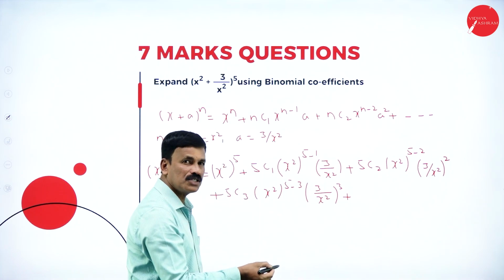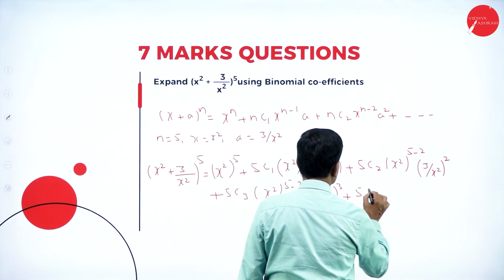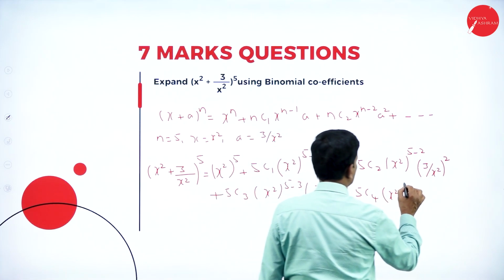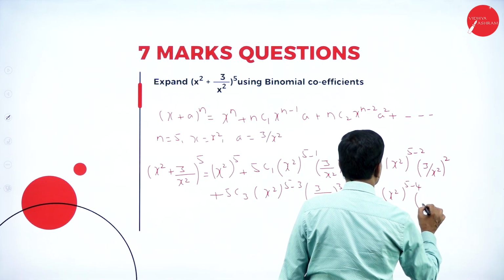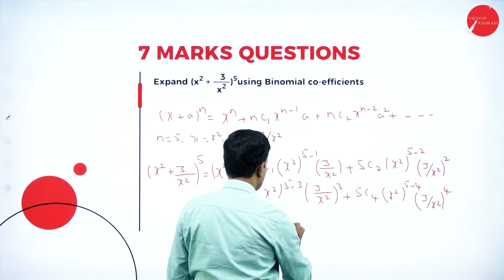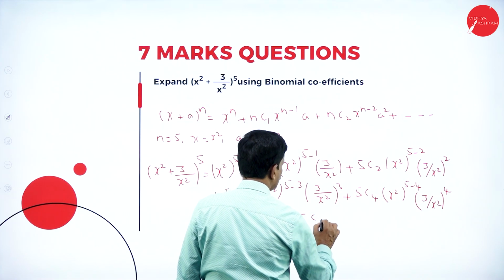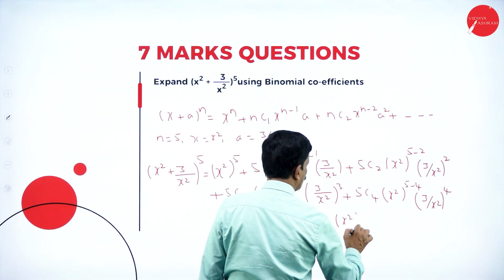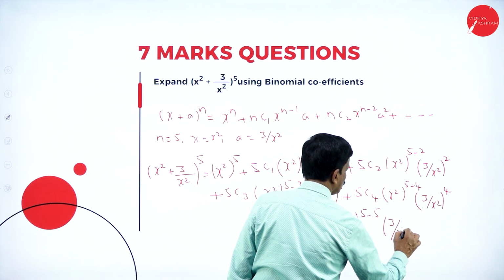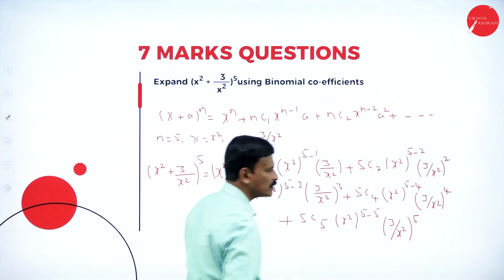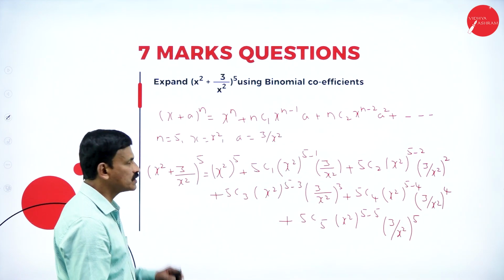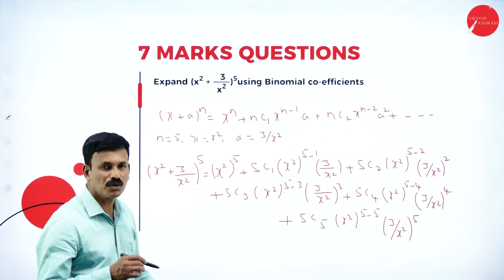Next after 5C3 it is 5C4, x square whole to the power of 5 minus 4 into a to the power of 4, that is 3 by x square whole raised to 4, plus the last term is 5C5 x square whole to the power of 5 minus 5 into a raised to 5, that is 3 by x square whole raised to 5. This is the very important step. So if you substitute this much, definitely 50% of the problem is solved.